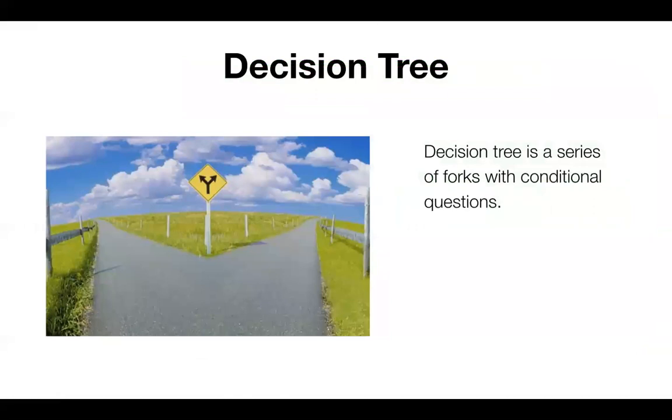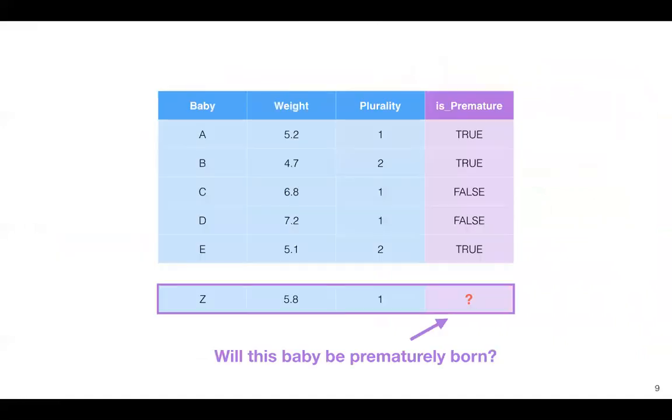Okay, so a decision tree is really a series of questions you can ask of data to get an answer or predict unknown values. Let's imagine we have US baby data. Each row represents a baby, and we have information like weight pound, which is the weight in pounds when the baby was born.